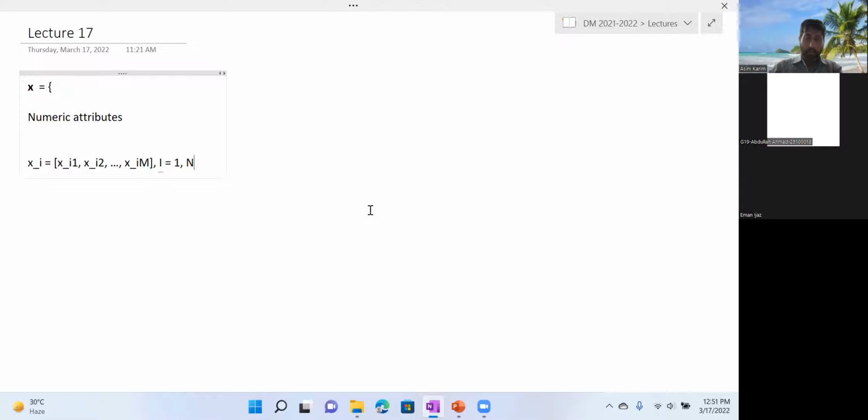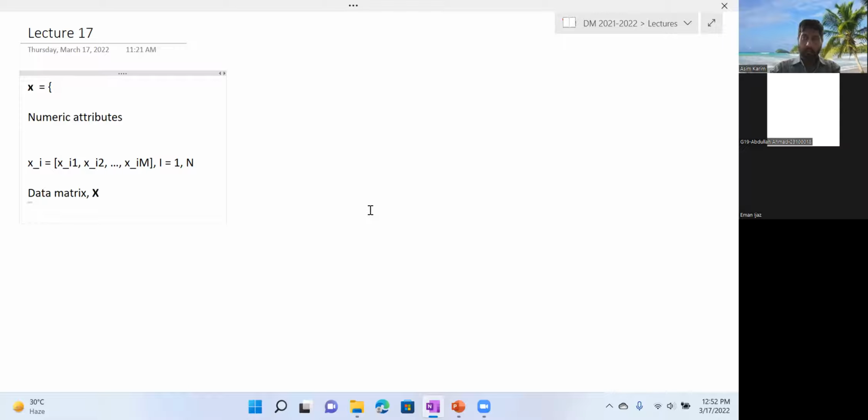And of course, I have written this as one object. If you collect all the objects together, you will get a matrix, which is called the data matrix. We have discussed this previously as well. The data matrix is capital X. Whenever we have vectors and matrices, we write them in boldface.